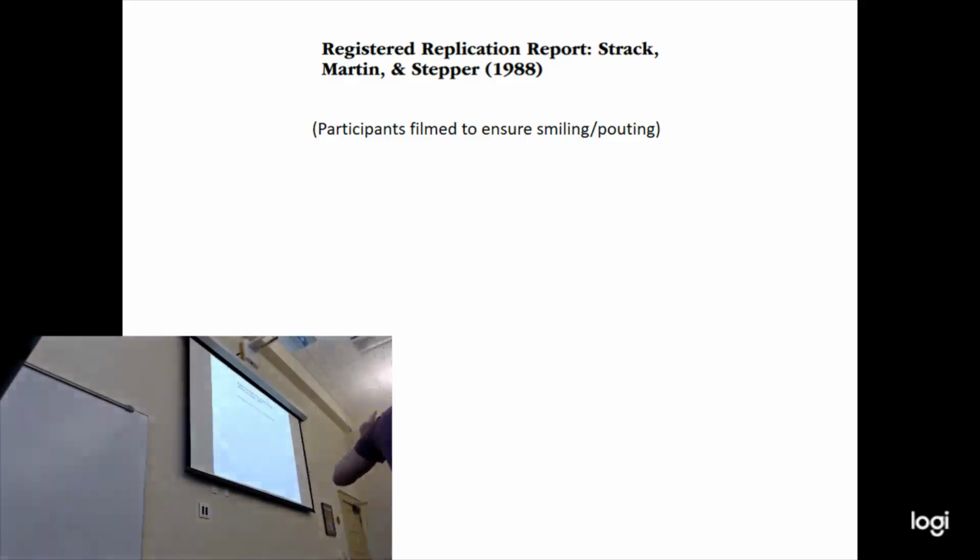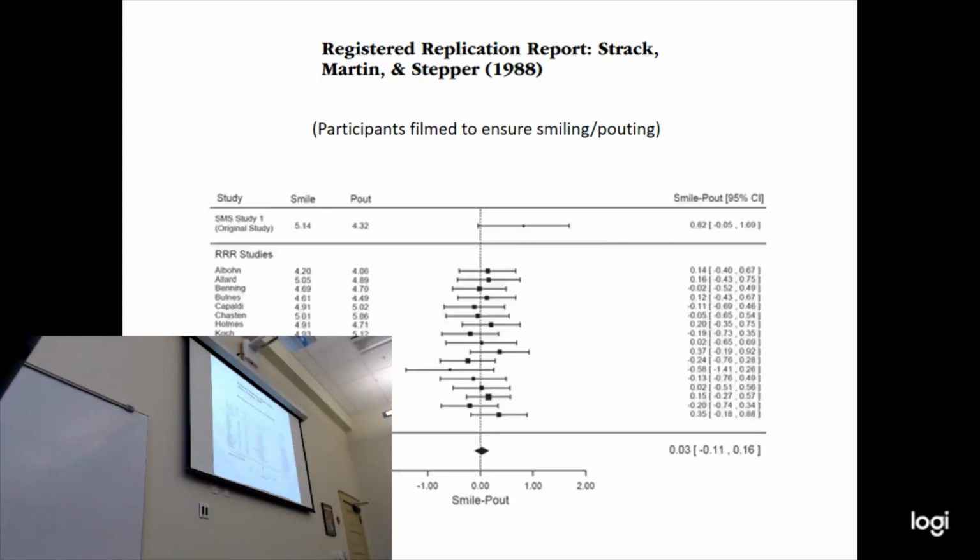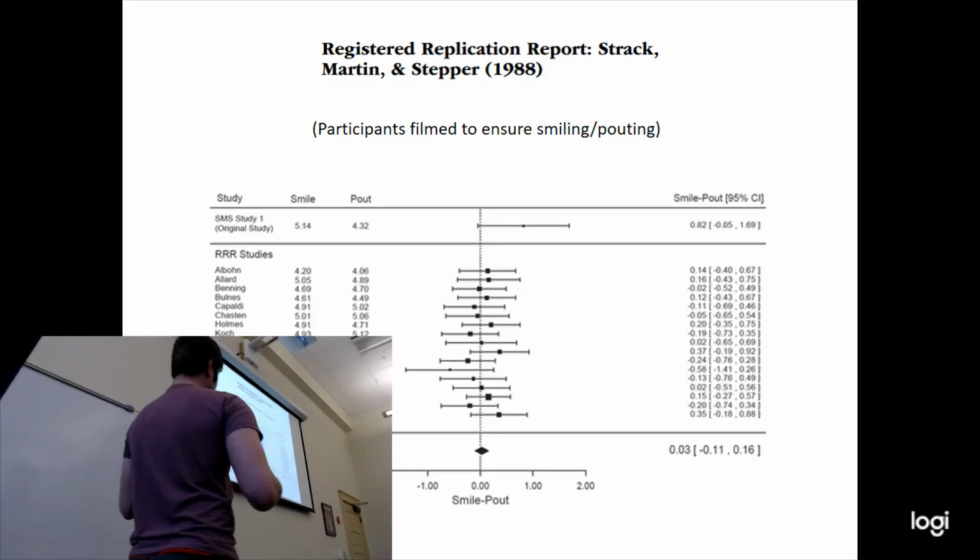One thing that I'll mention that will come up a little bit later is that the participants were filmed at each of the sites. This was to check on one of those assumptions, that putting your lips to the pen induces an expression that's kind of like pouting, and separating them induces an expression that's kind of like smiling. So they wanted to make sure that that was true. And this is what they found.